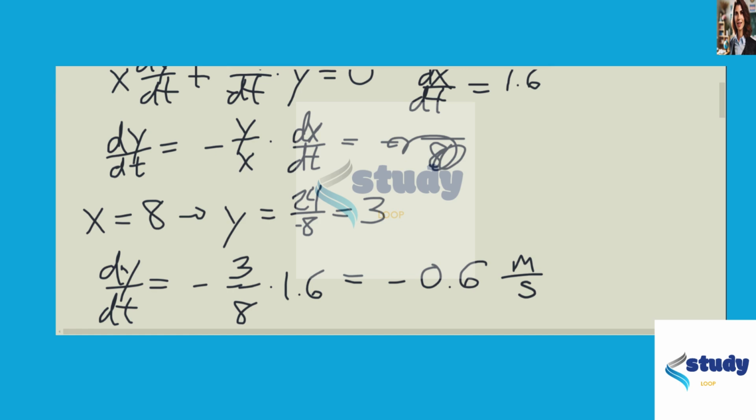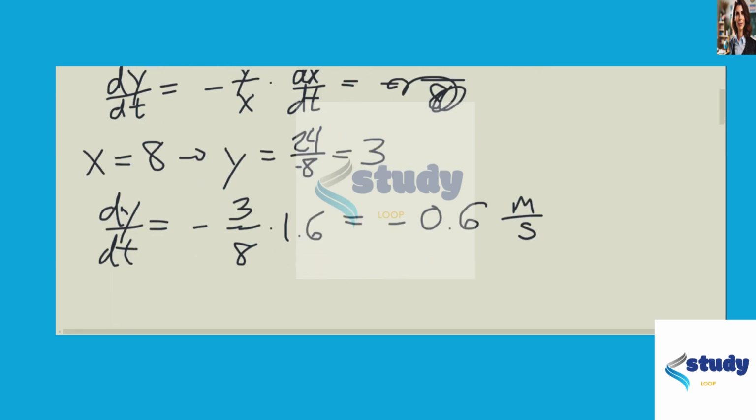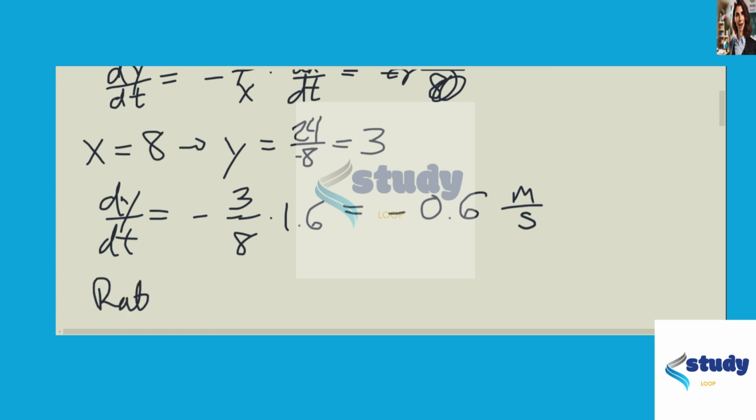And so the length of his shadow on the building is decreasing at a rate of 0.6 meters per second. It's decreasing because we have a negative.